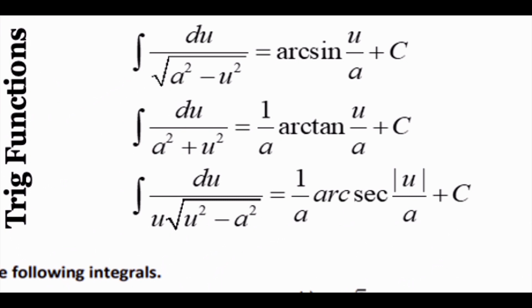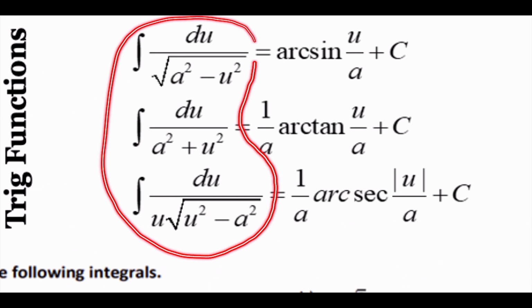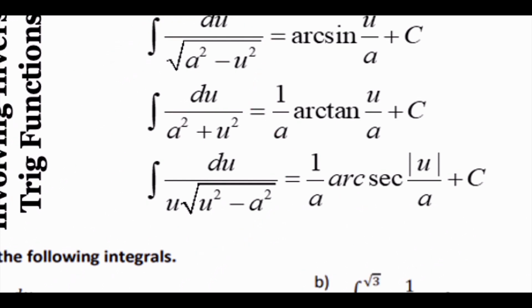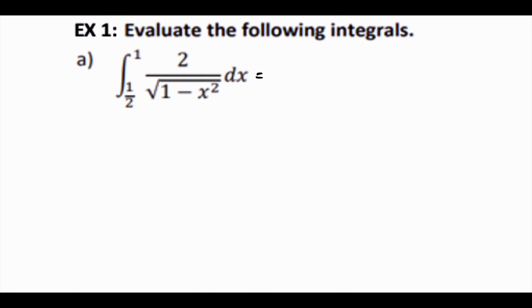So the problem that we're dealing with right now, which one does it match the best? When I say match, I'm talking about the left side of the equal sign. Don't worry about the du on top, that just means 1. So in other words, I can move the 2 to the front.